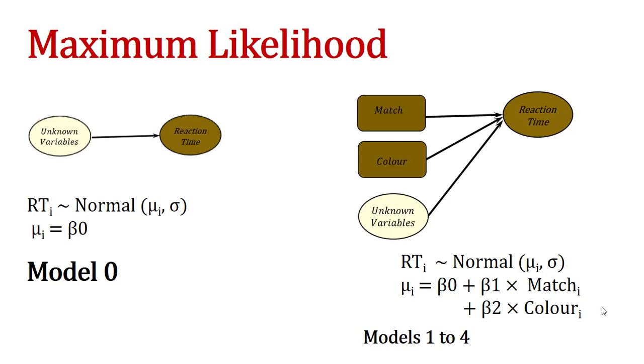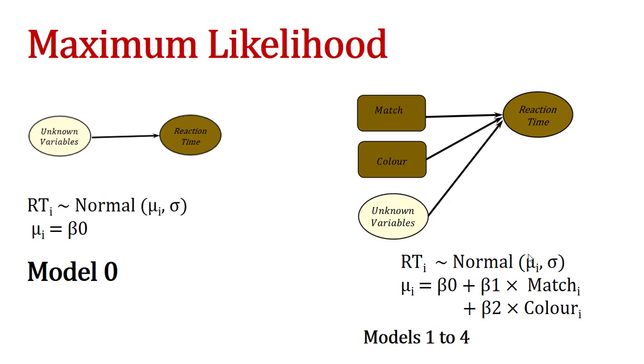Okay, so now we've got 5 models, model 0 and the other 4 options, and we calculate the likelihood of each value of reaction time with the normal distribution. That's the same as before.